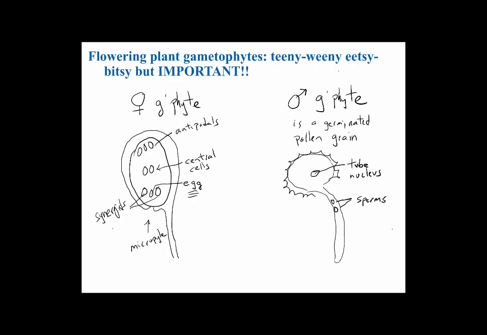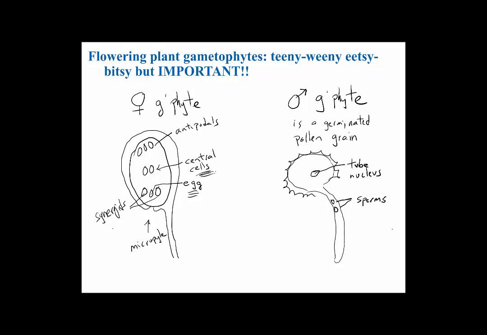So I'm going to, rather than try to draw again, because that doesn't go too well, let's go back and look at the female gametophyte. So, we have some cells we cared about, some cells we didn't. Remember, the one we cared about was the egg, and the other ones we cared about are these central cells. And oh, by the way, these are gametophytes, so these nuclei are haploid.